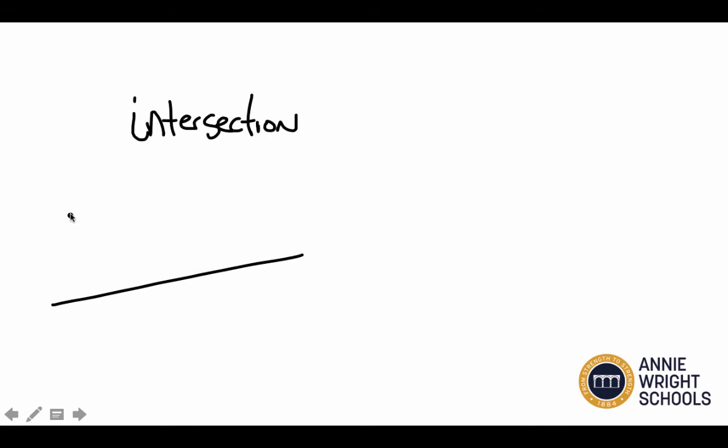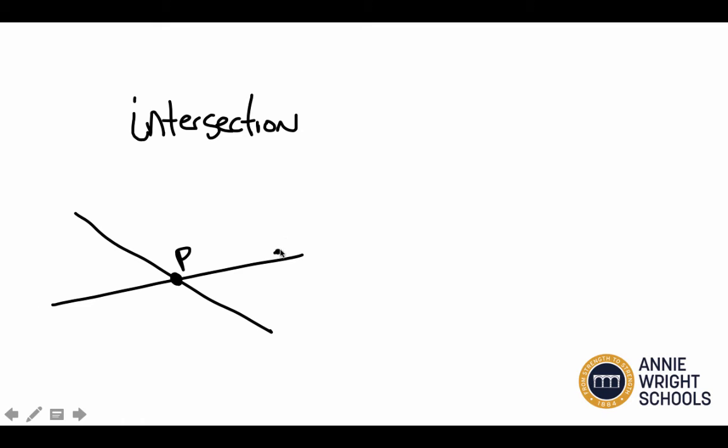The last term I want to talk about is something I've already said and something you have a sense of what it means already, and that is the term intersection. A lot of geometry is looking at what happens when two lines intersect. Two lines intersect at a point.